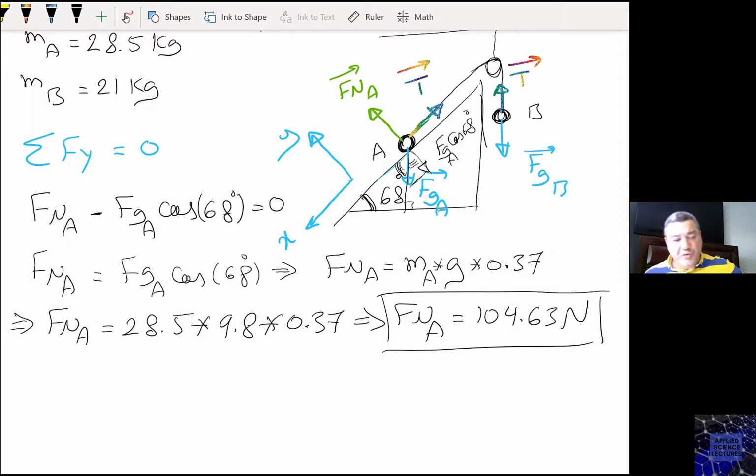So it should be 22. So if this is 22, then this one is the complement, 68, right? So if this one is 68 and I need to project FGA on this axis, it would be cosine 68.